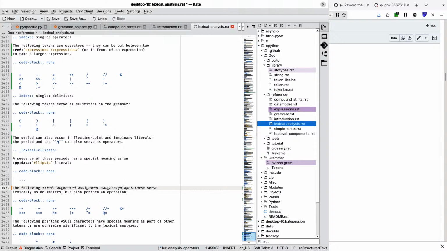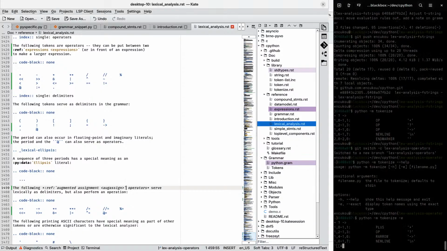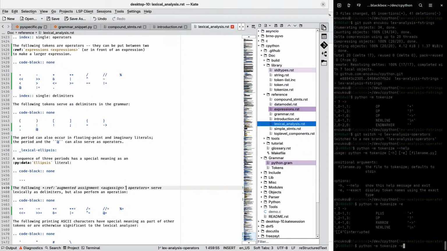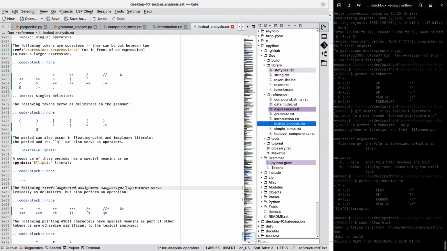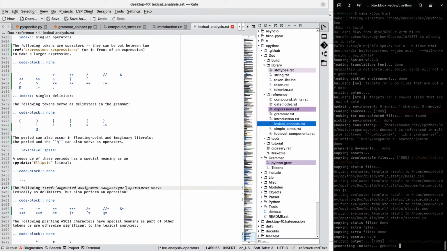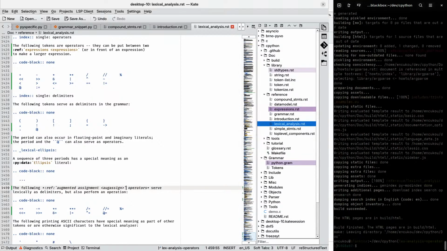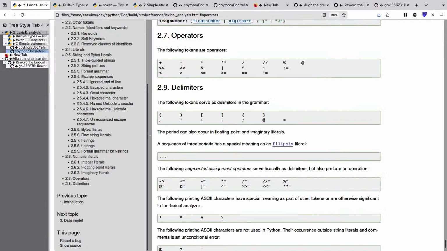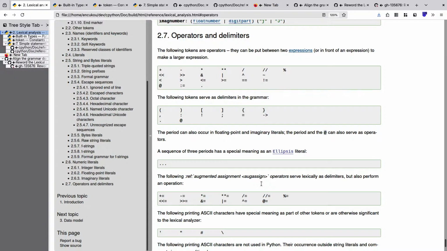Probably can't nest things this much in reST, can I? Nope.